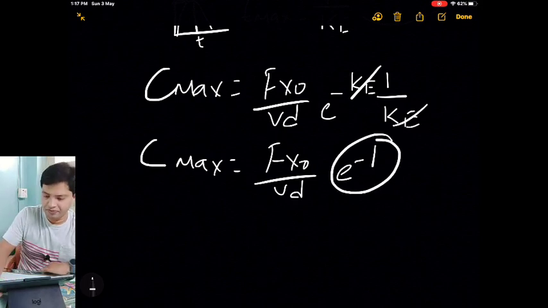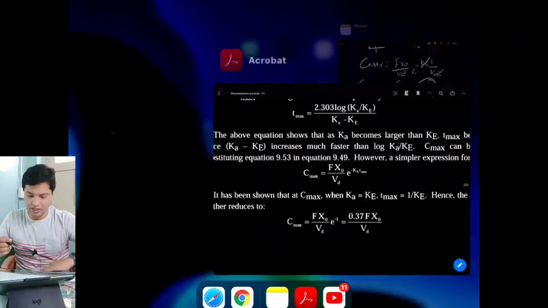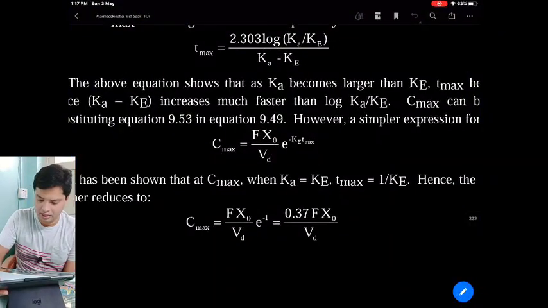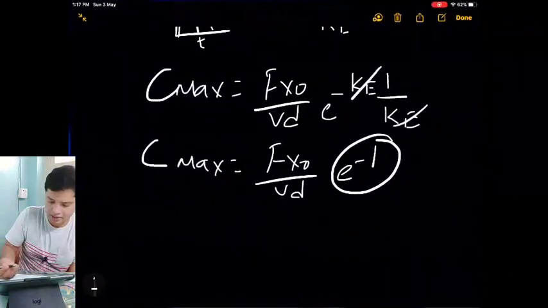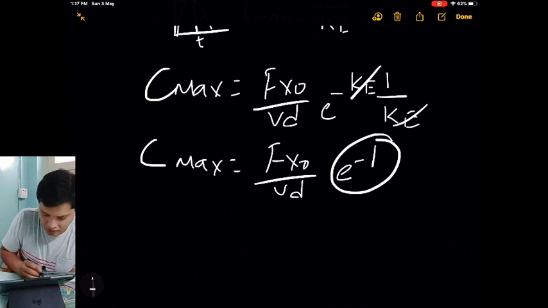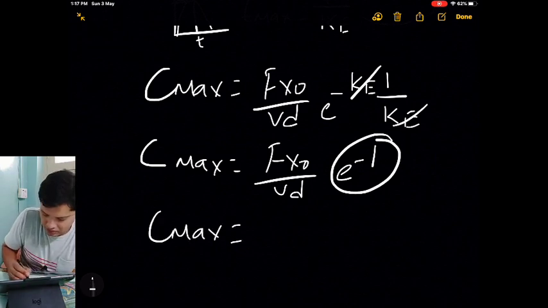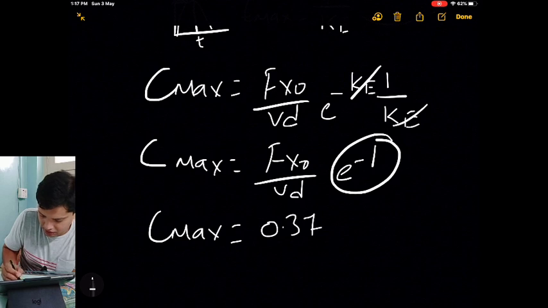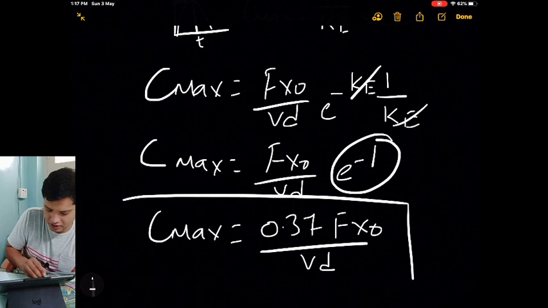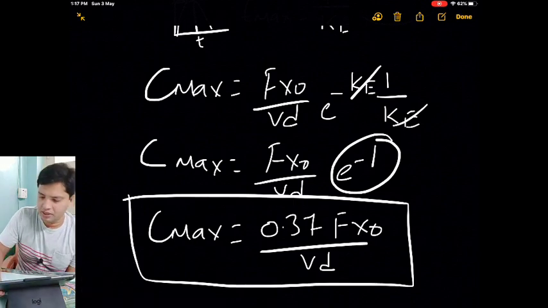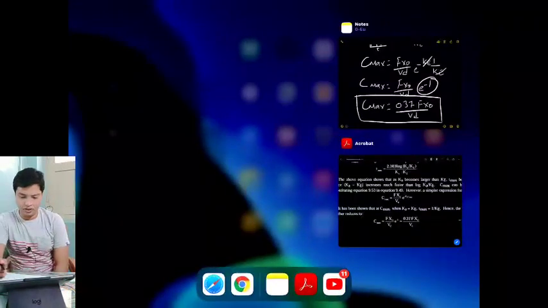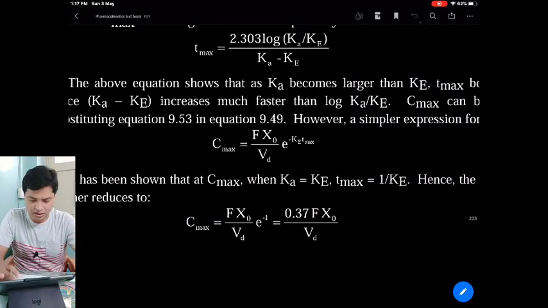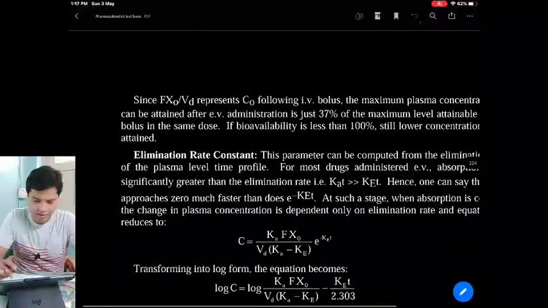This value is 0.37. So C max is equal to 0.37 into fraction dose divided by volume of distribution. This is the equation to determine C max.